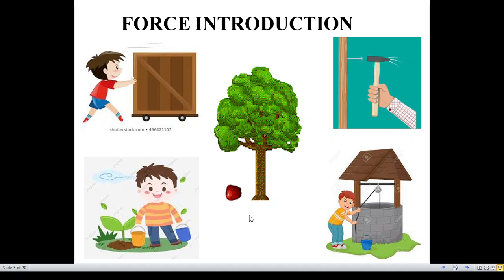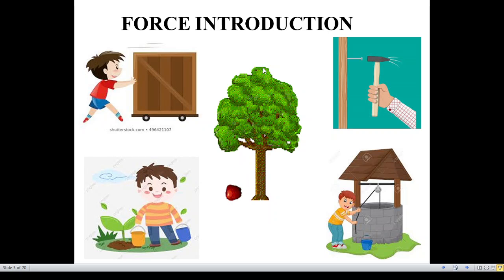And here you can see gravity, the pulling force of the earth. It acts on an apple and thereby the apple fell down. So in all those situations you cannot avoid the word either push or pull.